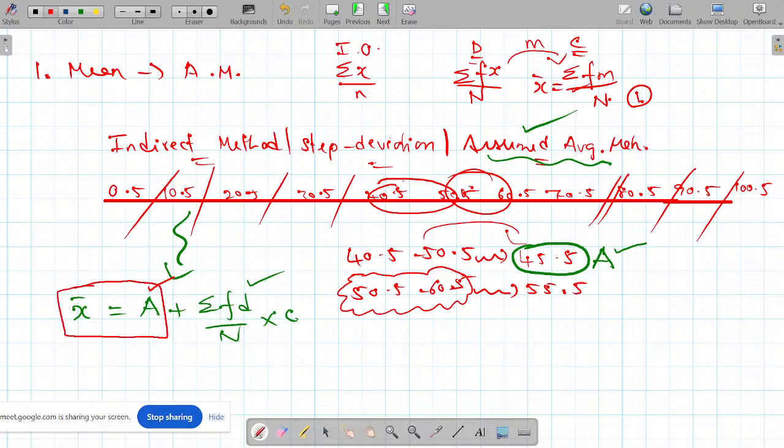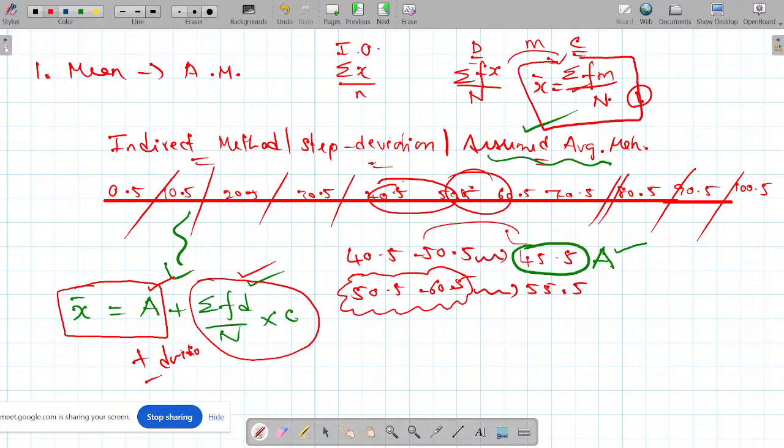Need not. So there may be some plus or minus deviations. That plus or minus deviations are taken from this concept. Okay. So first what you're going to do here is you're going to find arithmetic mean using this formula. Then we'll do with help of this formula. Yes, please. You can start from this one. So you can have the heading as mean, arithmetic mean.